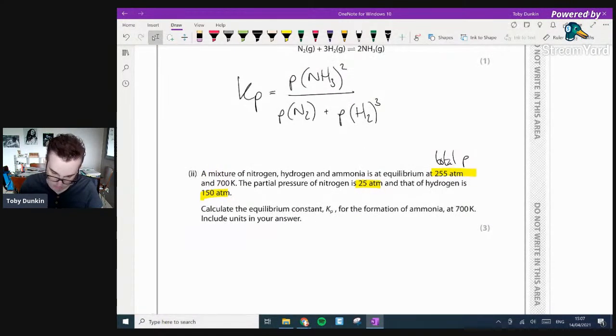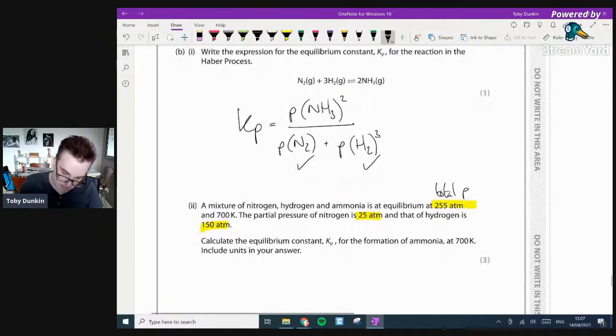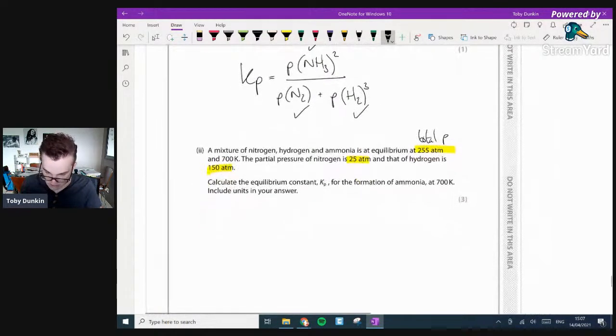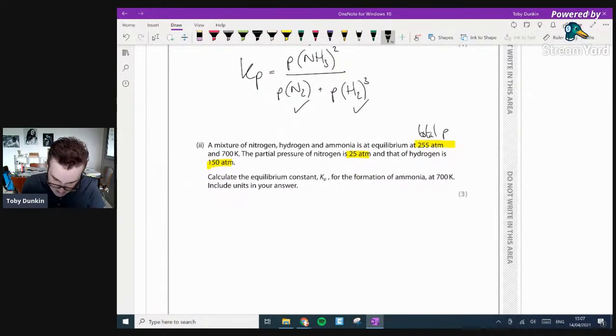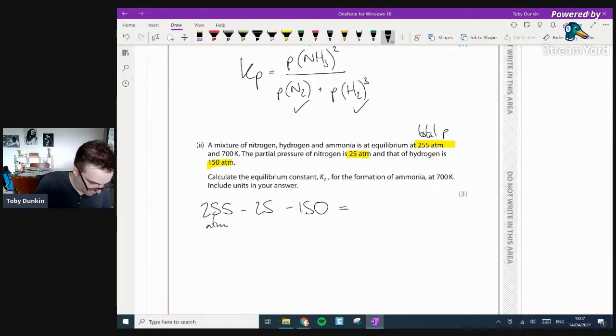So we've got the partial pressure for nitrogen and for hydrogen. We just need the partial pressure for ammonia, so that's the first thing we need to do. The total pressure, 255 atmospheres, minus 25, and then minus 150 equals. 255 minus 25, and then minus 150, and I get a total of 80.